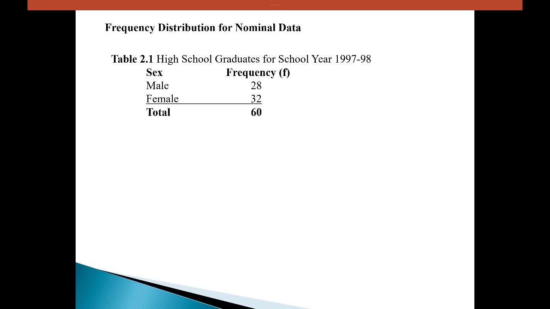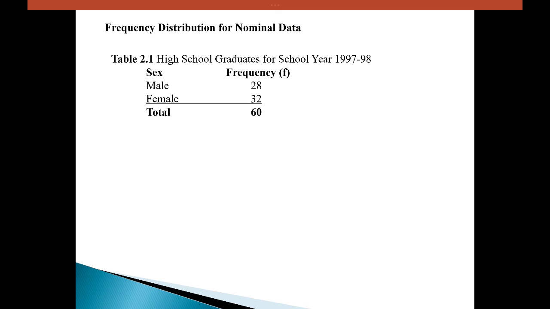In the table, we have your categories, male and female. This is your class interval, since sex can only be categorized into male and female. Now, frequency: this is your class frequency.